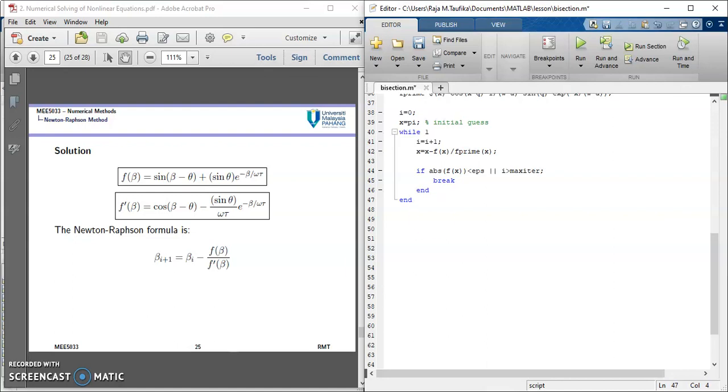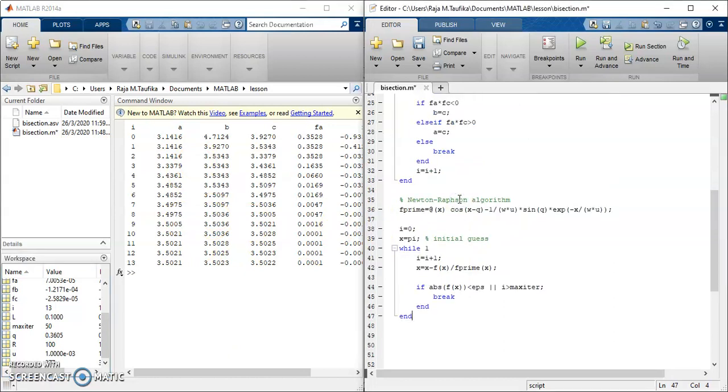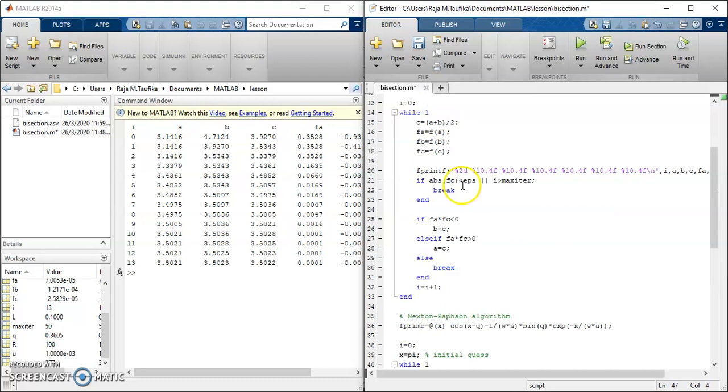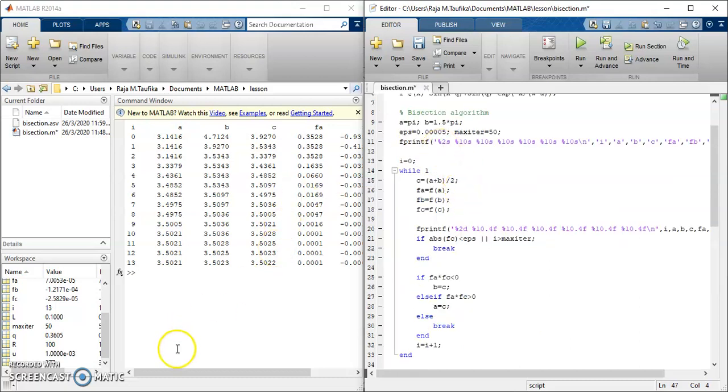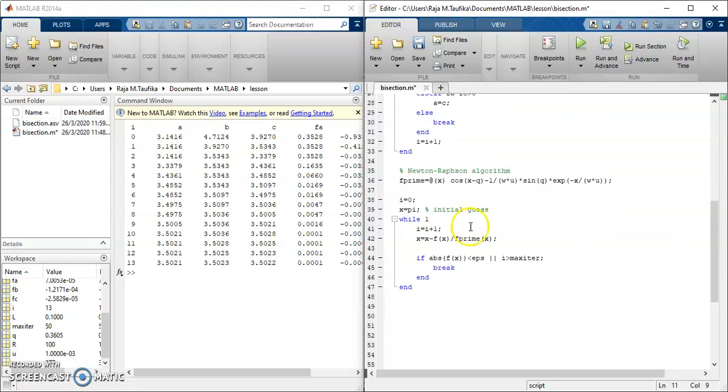In order to display our iteration results in the command window, we have to print the value on the command window. Using the similar concept, that is fprintf, first we can write the fprintf after this line, after we update the value for beta and also the function.